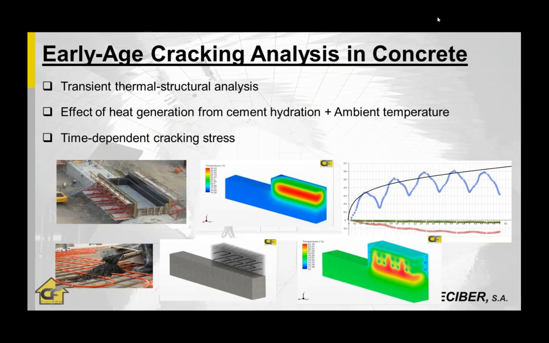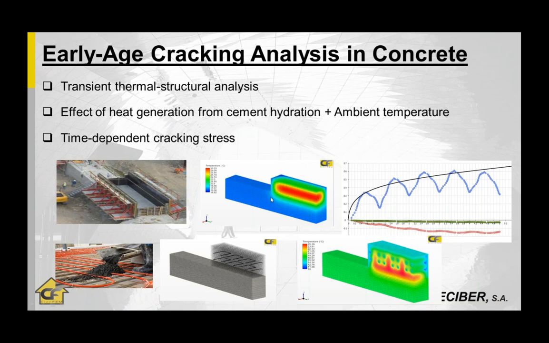So, seeing in detail here, this model is the early age cracking analysis in this concrete. This is based on an old example we also saw in a webinar. What we did is just activating a new layer of concrete. On top of this we have added the ambient temperature, with the variation between day and night, and also the effect of the heat generation from the cement hydration.